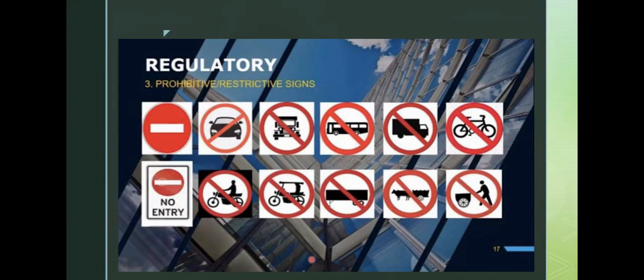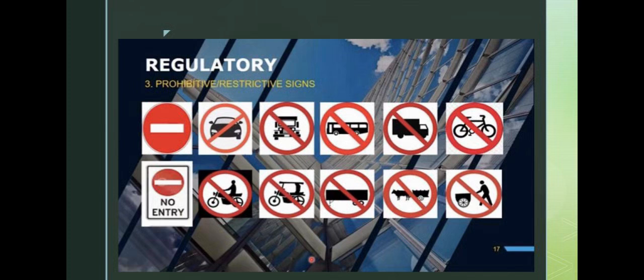So next are the prohibitive or restrictive signs. These signs indicate the only directions which the motorist is obliged to follow. The no entry sign for all vehicles is used at the termination of a one-way road to prohibit access of all vehicles from the wrong direction.